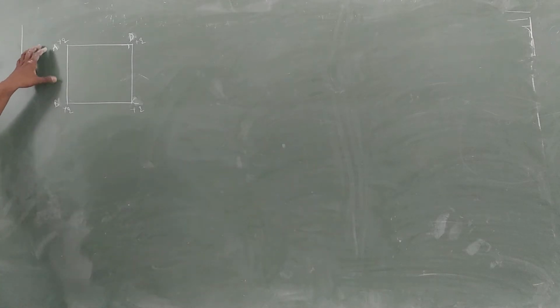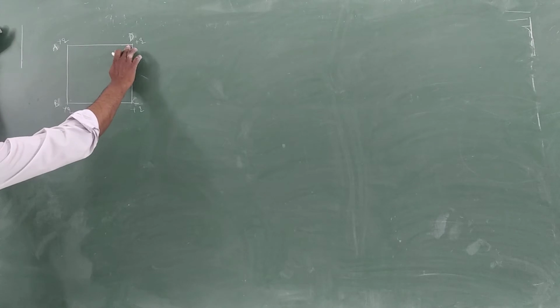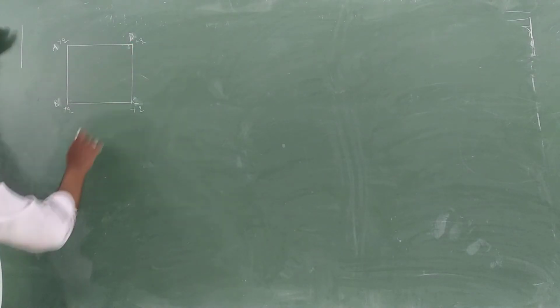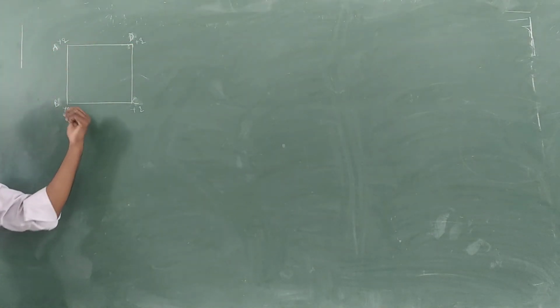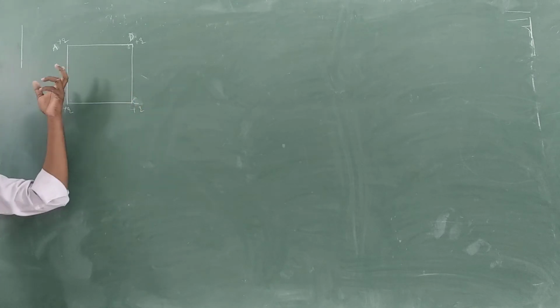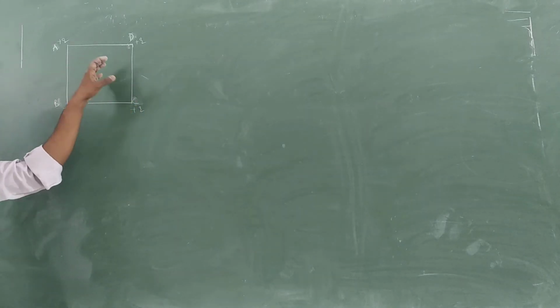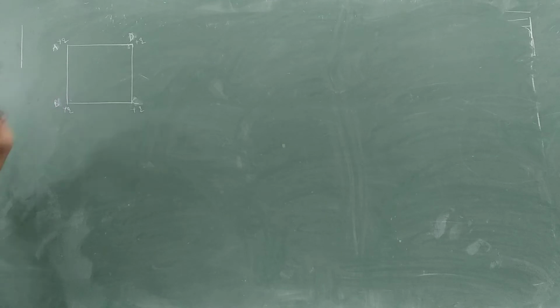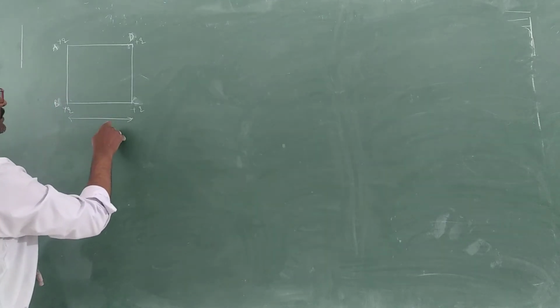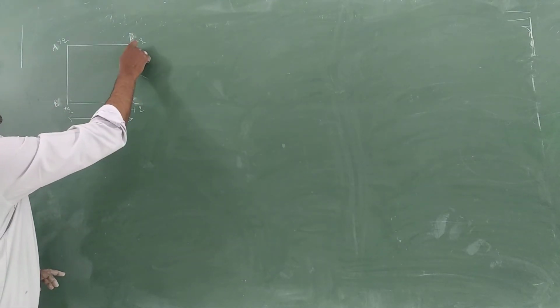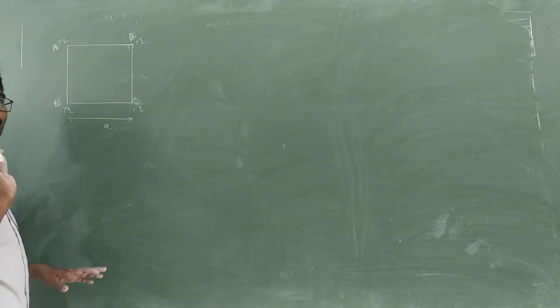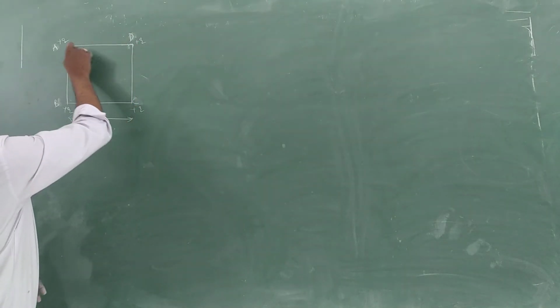Now the net force acting on a charge placed at one of the corners of a square. See here, we have a square of side A, and at the 4 corners we place equal charges. What is the net force acting on any one corner charge?